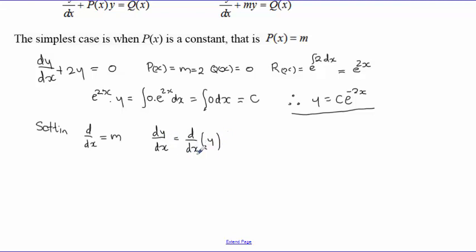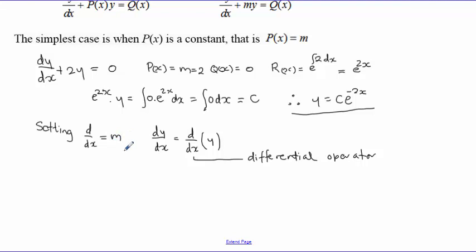When I write it this way, I'm saying this operator here is called a differential operator. So this is the differential operator. As in this equation, the differential operator is applied to y. So what I've done here is set d/dx, the differential operator, equal to m.